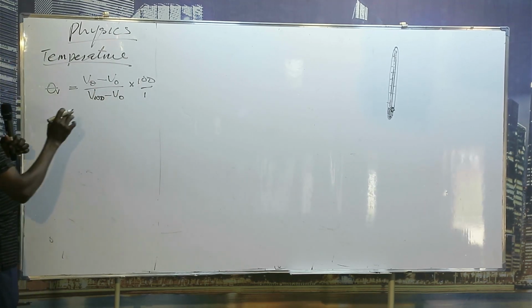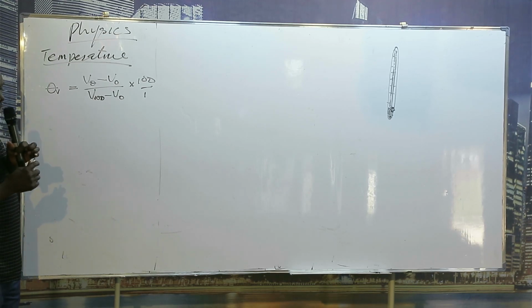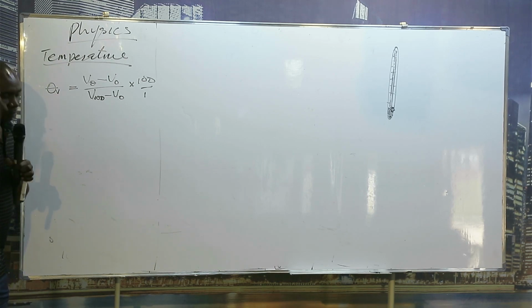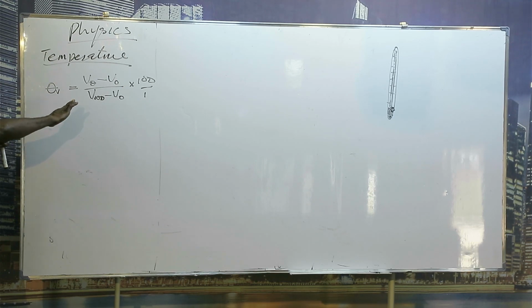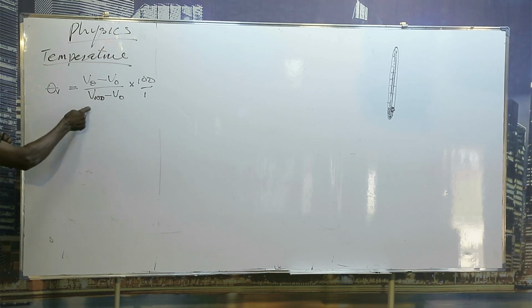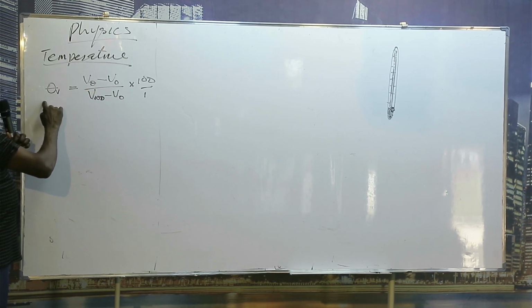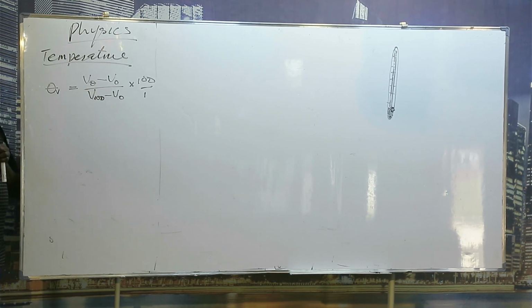This formula is used for the calibration of a volume thermometer. I want you to write it down. You can use it to solve any problem on volume thermometer, or you can drop it and use the normal scale in solving the same problem. But I want you to have an idea that this particular thermometer is calibrated using this equation.